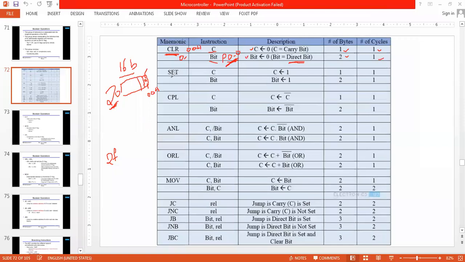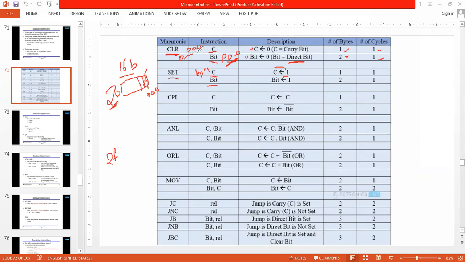Then we have the SETB instruction. If I say set, then that particular bit is going to be made high or logic 1. So set C means the carry flag is going to be set to 1, or 1 is written into a particular bit.